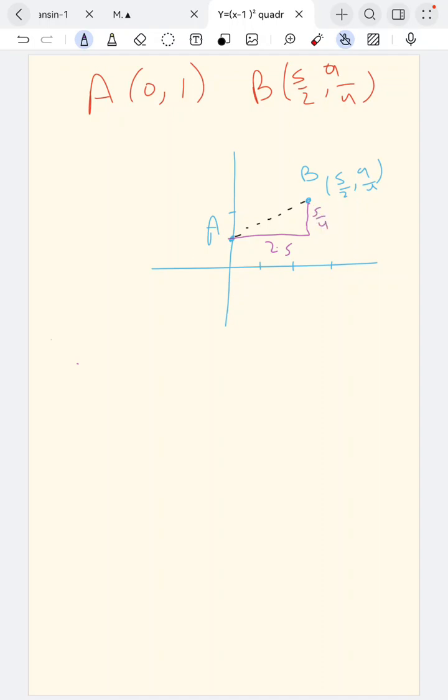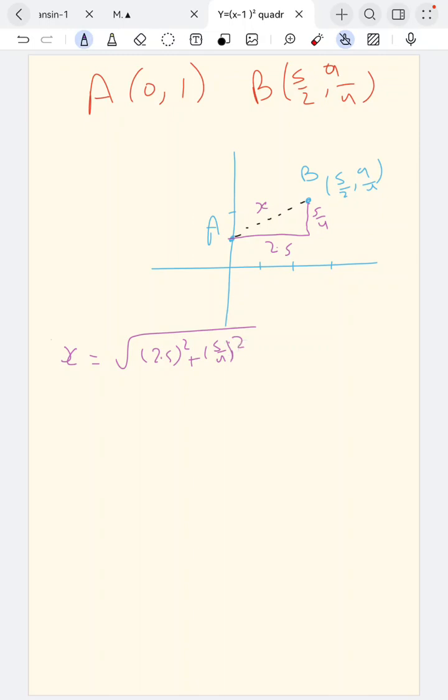And then you can use Pythagoras. Let's call it x. So x is equal to the square root of 2.5 squared plus 5/4 squared, and then you get the answer.